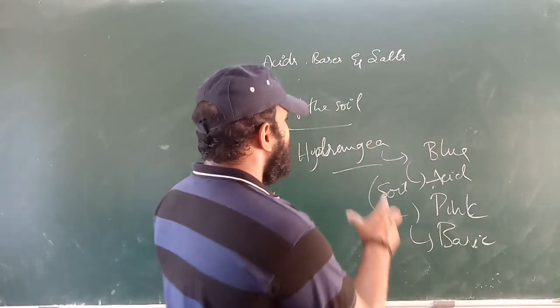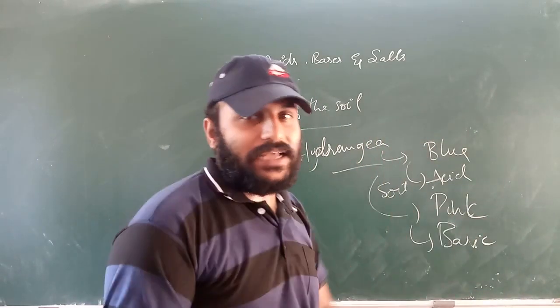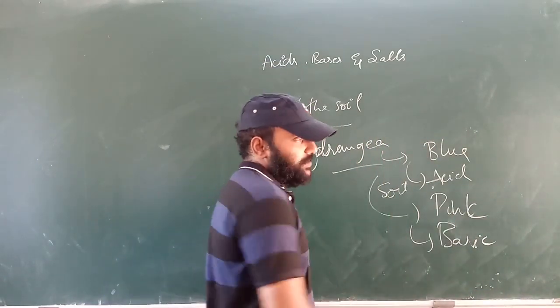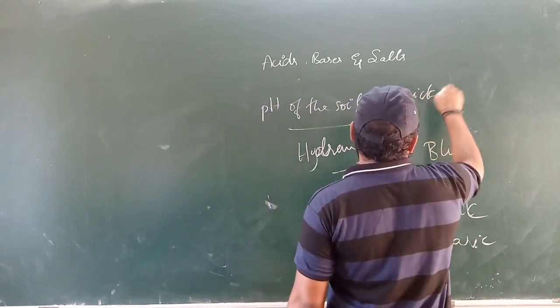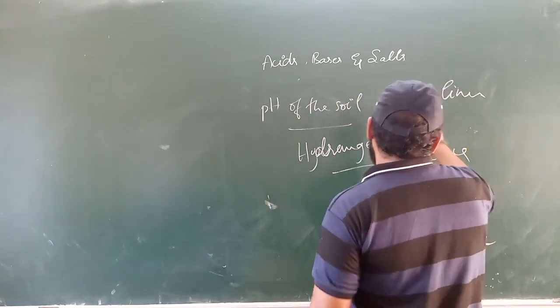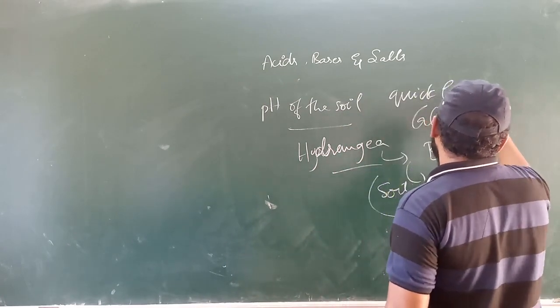If the soil is more acidic in nature, what will the farmers do? Farmers will add quicklime, which means calcium hydroxide.